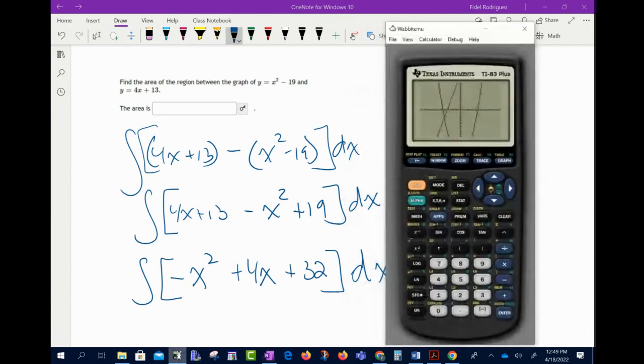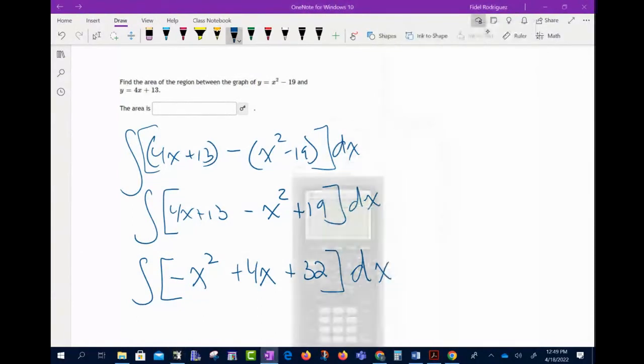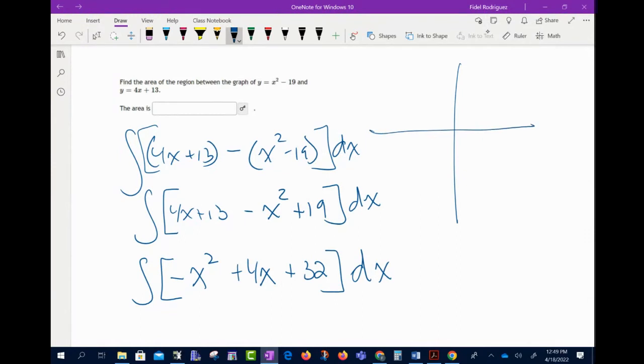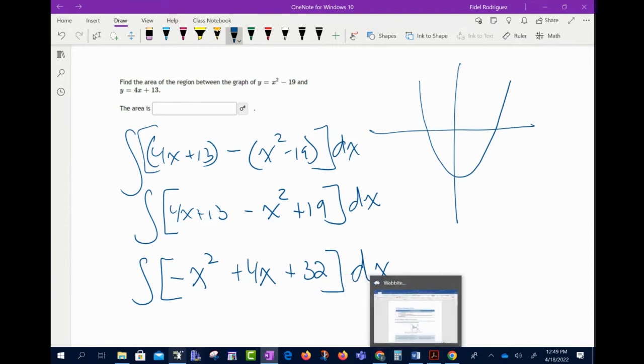Because that's my top function, right? So remember, I'm trying to find the area right here, right? So if I'm trying to find the area here, wouldn't this be my top function? And then the x squared one is going to be my bottom function? You see what I'm getting at? So if I were to sketch a rough picture of it, x squared minus 19 does something like this. 4x plus 13, let me just come back to my line to make sure, yeah.